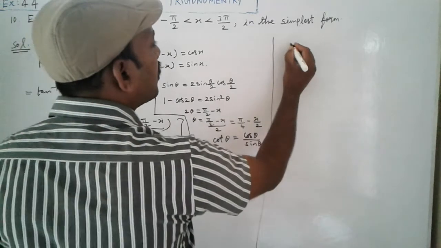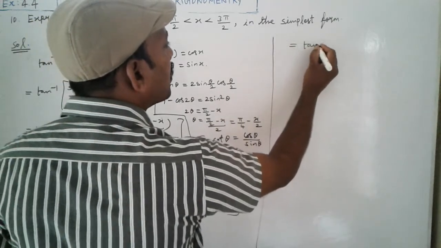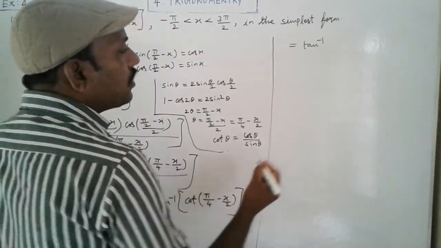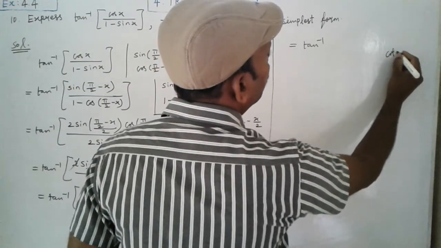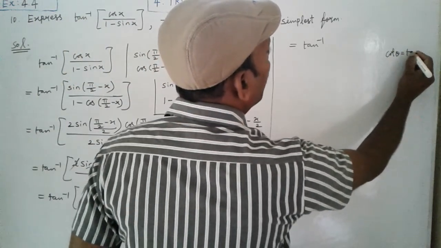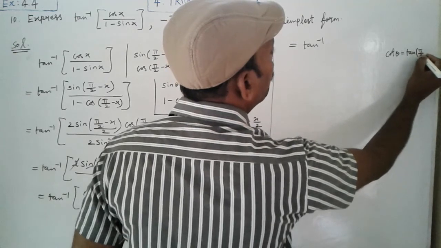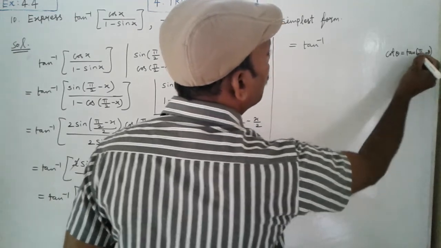So it is equal to tan inverse of cot theta. We know that cot theta equals tan of pi by 2 minus theta, that is the formula.